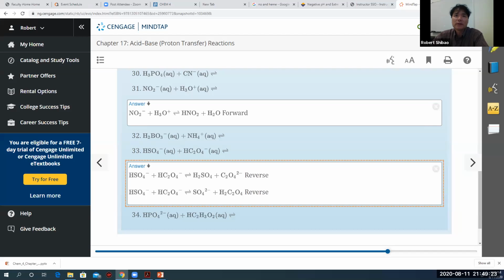The first step is, which one is the acid? Well, both are. So we must pick the stronger one.